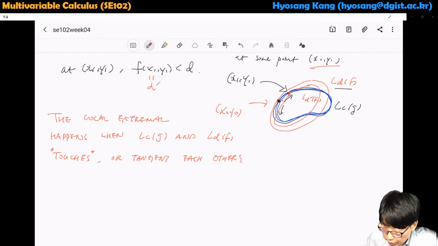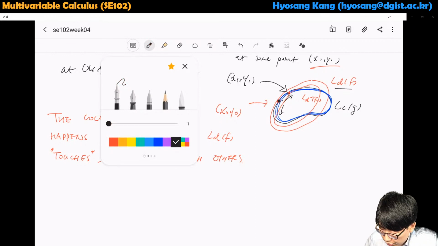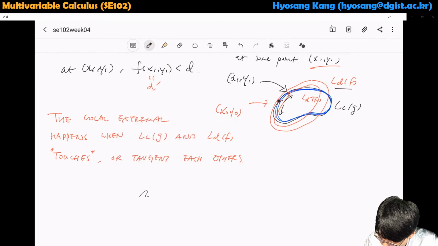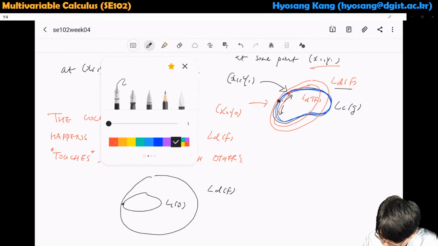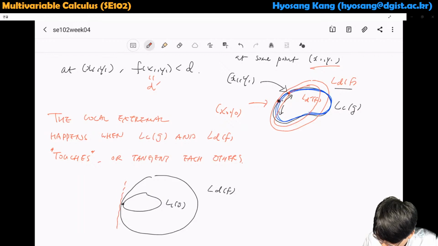Okay, so what happens when these 2 curves are tangent to each other? So here's our LCG, and let's say here is LDF. Suppose that they are tangent. That means they have a common tangent line. So now we are using the proposition that we explained in the beginning.